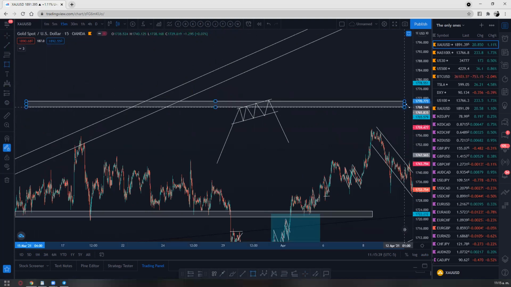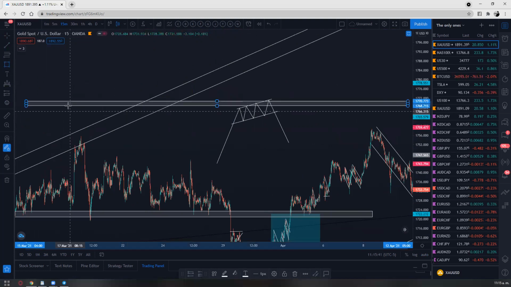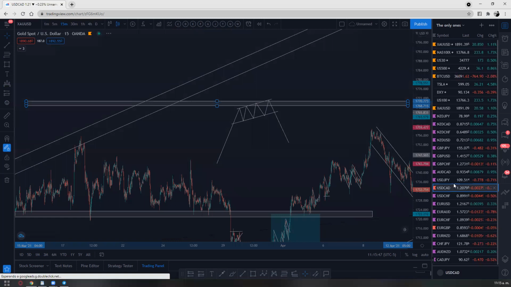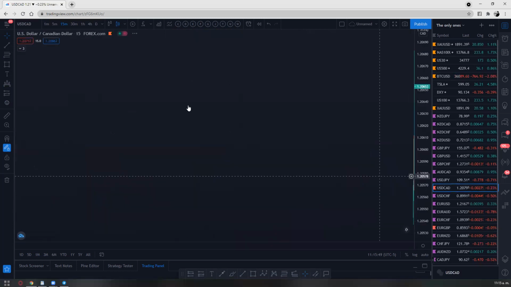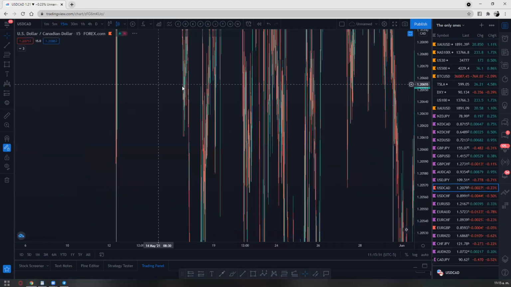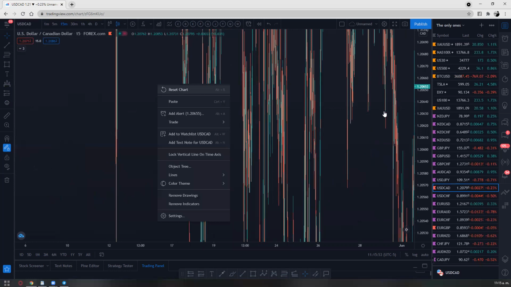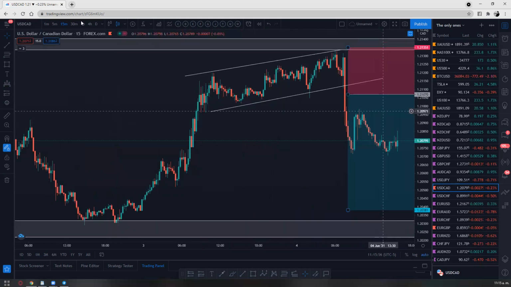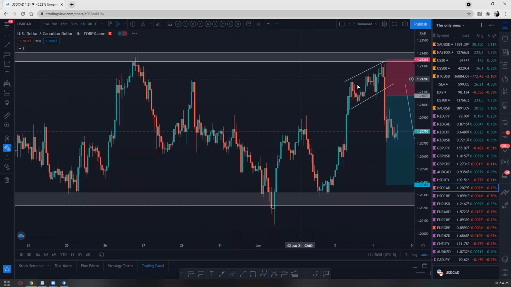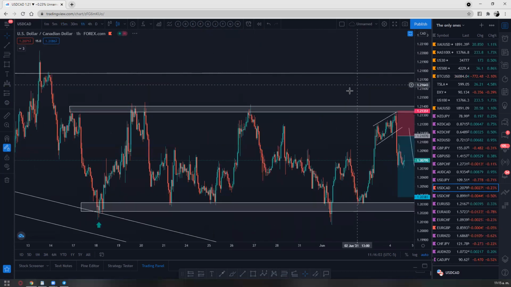And when you see this pattern forming on a structure where there was a previous high, oh, very good example I want to show you. I think it happened with the USD CAD. Let me show you here. Yeah, there you go. Beautiful. That's the pattern I'm talking about. When you see the pattern forming on a consolidation, this is telling you.